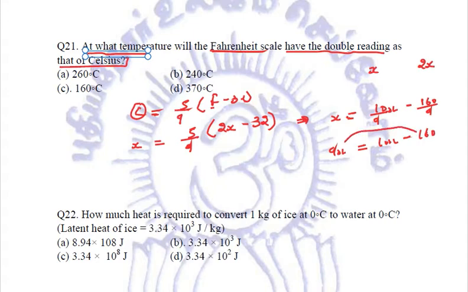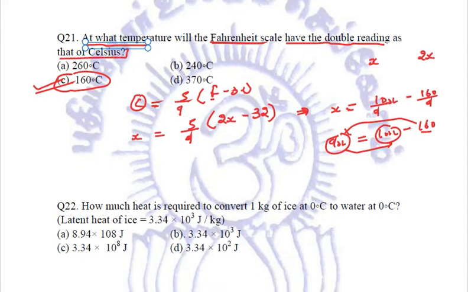Taking 160 there and x here, we get 10x minus 9x is equal to 160. So x is equal to 160. So this is option number C. At 160 degrees, the value on the Fahrenheit scale is just double the reading on the Celsius scale. Clear? Let's come to the next question.